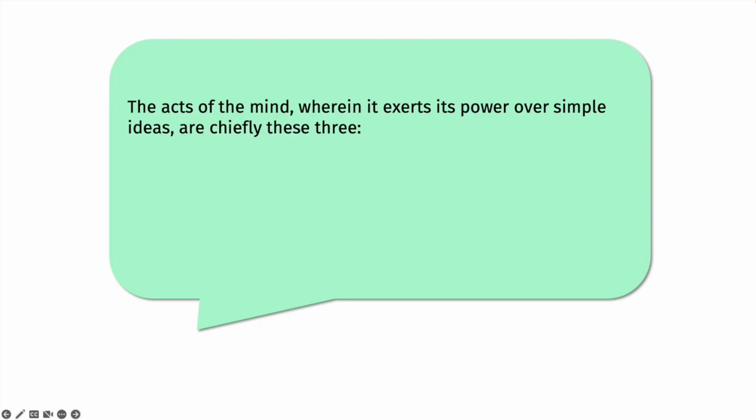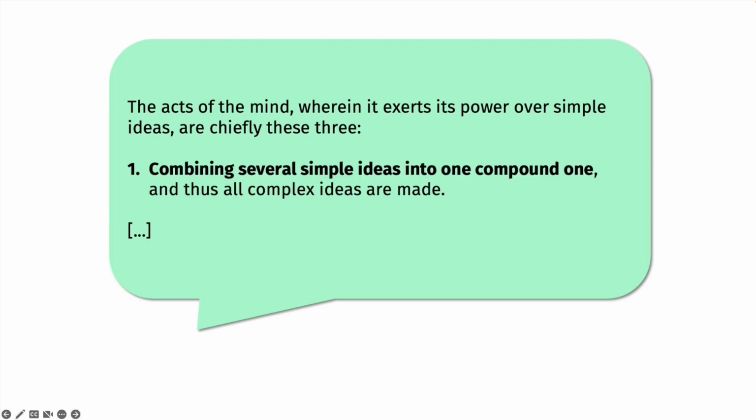Here is a quote. The acts of the mind wherein it exerts its power over simple ideas are chiefly these three, and I'm just showing the first one: combining several simple ideas into one compound one, and thus all complex ideas are made. Now, you may think that this comes from a computer scientist.